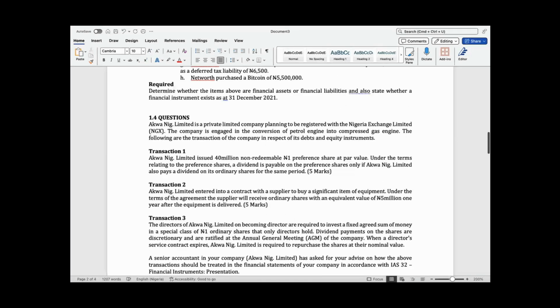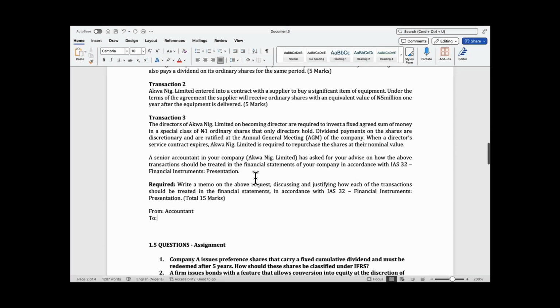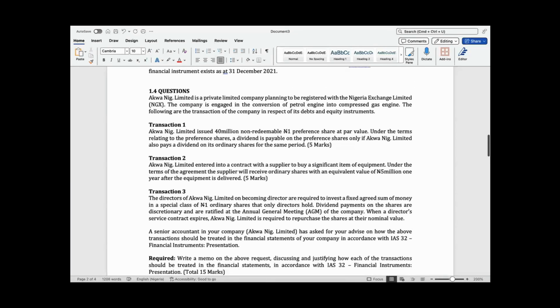Did they tell us who you are? Aqua to be registered, the company engaged in the conversion of petrol engine, the following transactions of the company, in respect of, write a memo. Okay, they didn't say from whom. Oh, it was said that a senior accountant in your company has asked for your advice.